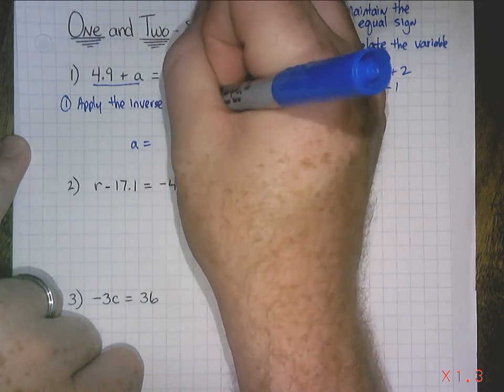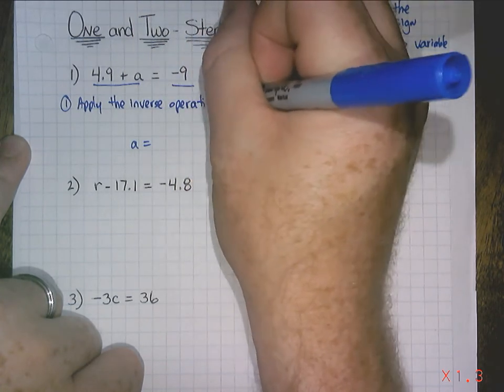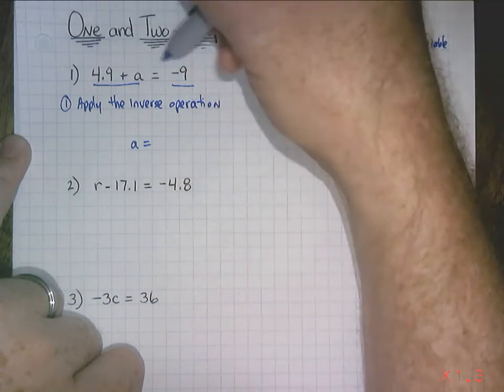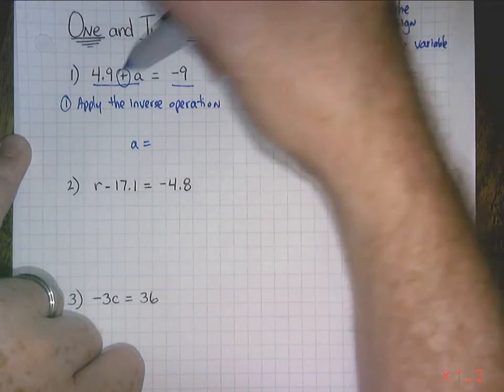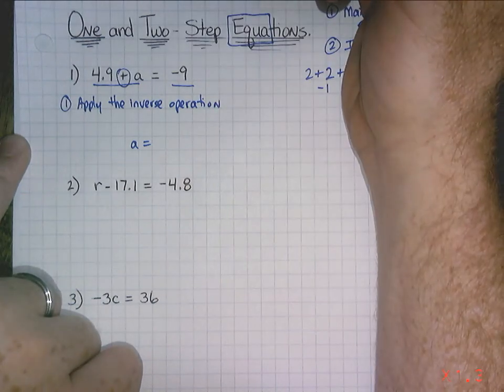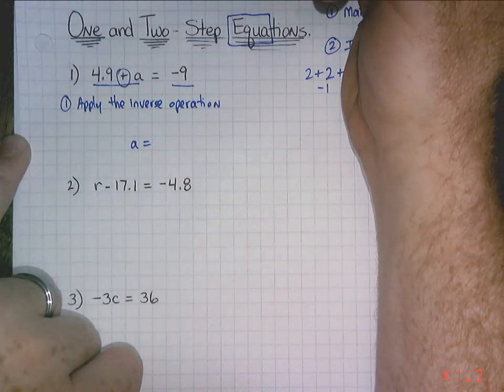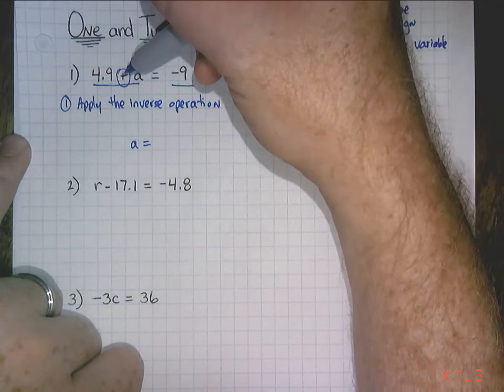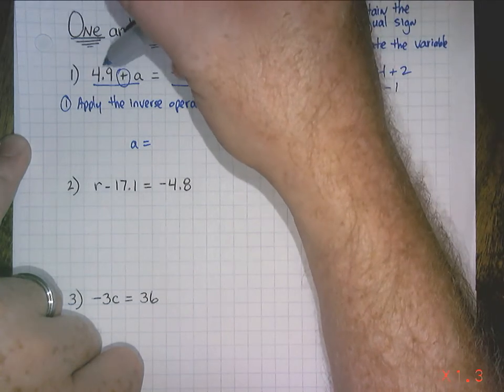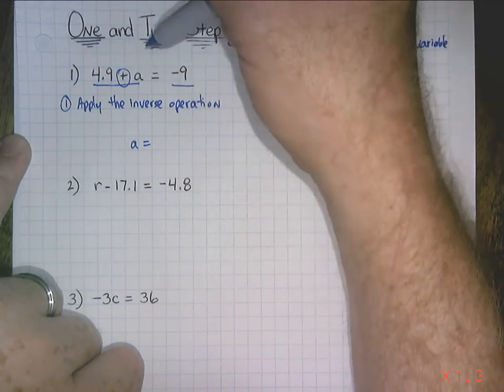And what operation has taken place in this equation, or I guess in this problem that's been solved in a sense? It's adding, right? We've got an adding problem here. So we have to find out what is the inverse, what is the opposite of adding 4.9? Well, the inverse operation is subtracting, but more specifically subtracting 4.9.